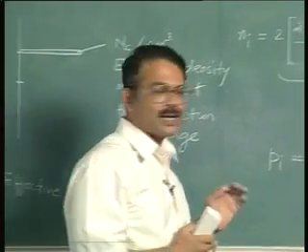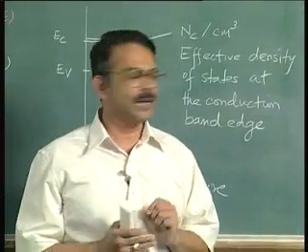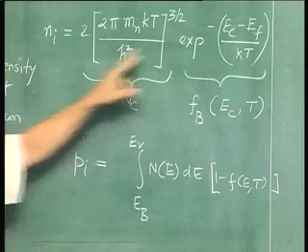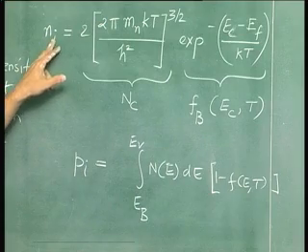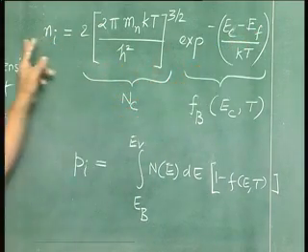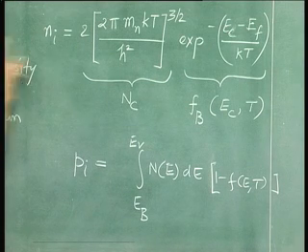So we need to exactly find out what is Ef, and once you eliminate Ef from this equation, then you have a formula for Ni, because right now Ni is still a function of Ef, and unless you know what is Ef, you do not know what is Ni. We want to calculate Ni at any temperature.